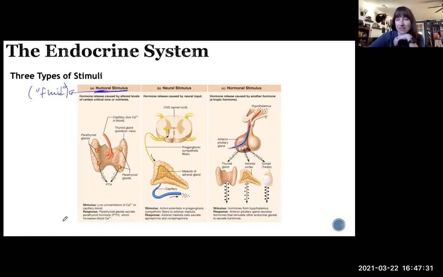So remember last semester, or whenever you took part A, we talked about the skeletal system. The skeletal system is involved in storing calcium and maintaining calcium homeostasis, right?